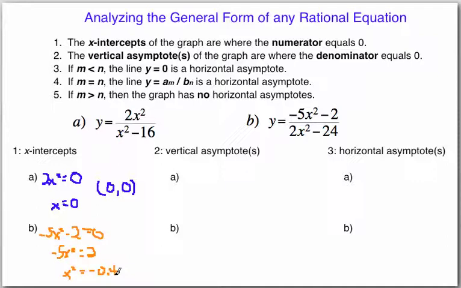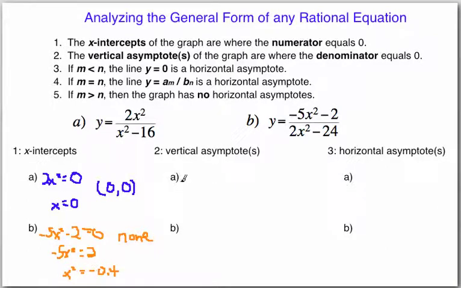You can't have a number that's squared that equals a negative number, so this tells us that our second equation is going to have no x-intercepts. The actual answer here would be none, because when we tried to solve this for x, we ended up with a negative number, which means we can't actually find any x's that will work here.